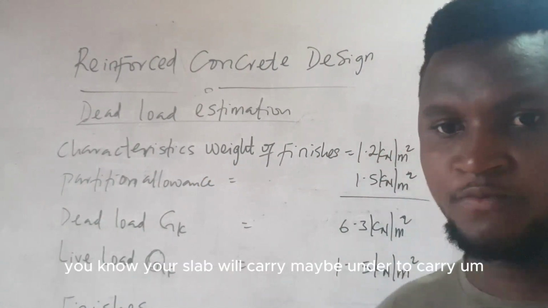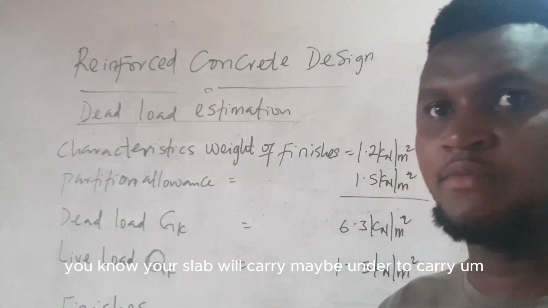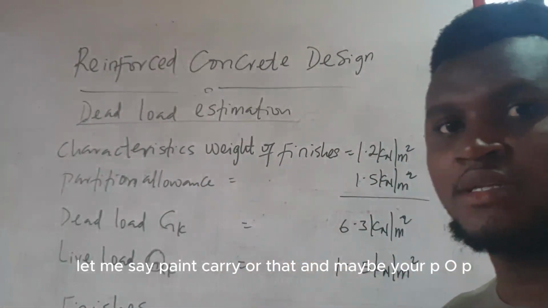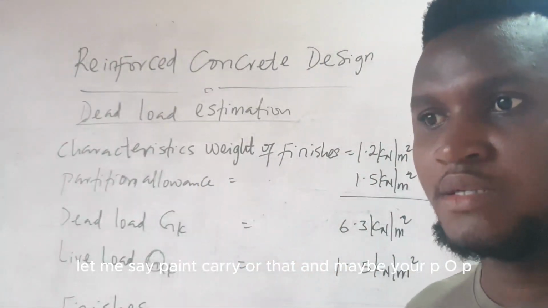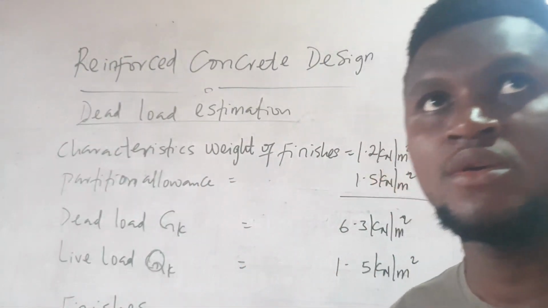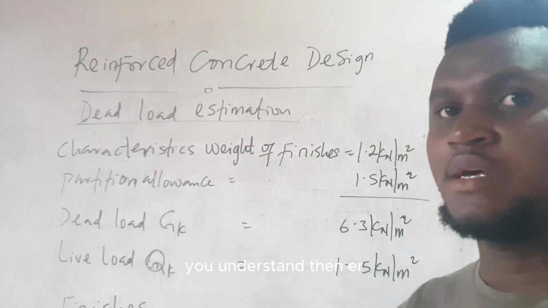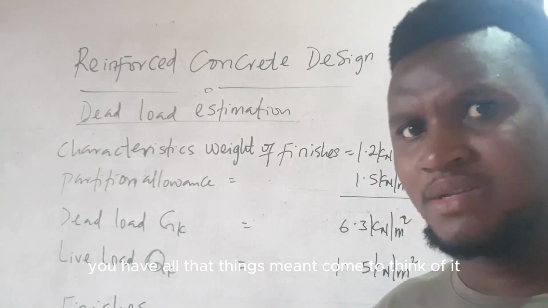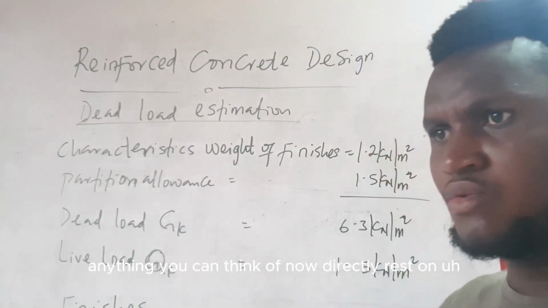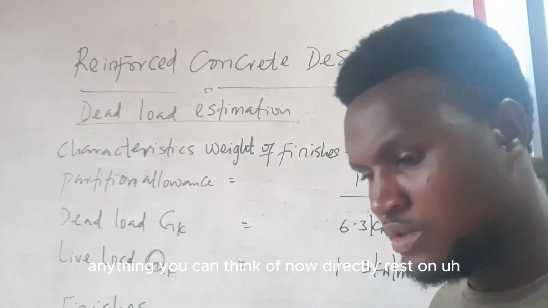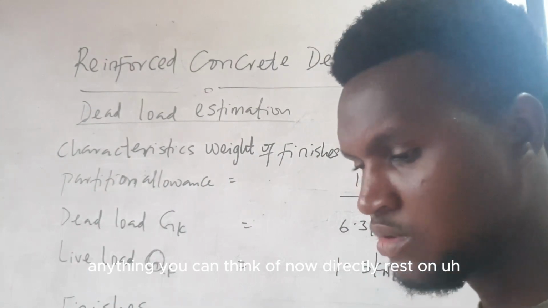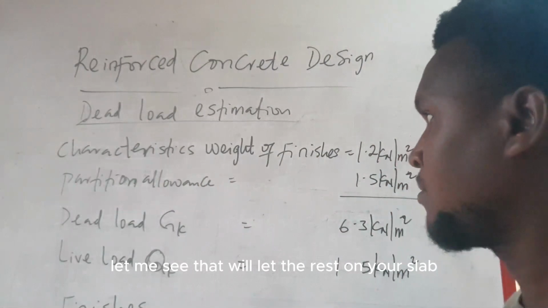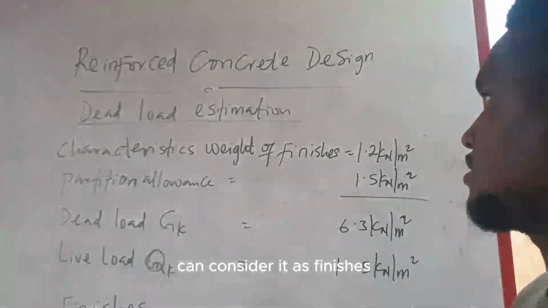For instance, your slab will carry paint, carry other things, maybe your POP, you understand. Then let's say you have your tiles, you have other things. Come to think of it, anything you can think of that will directly rest on your slab, you can consider it as finishes.